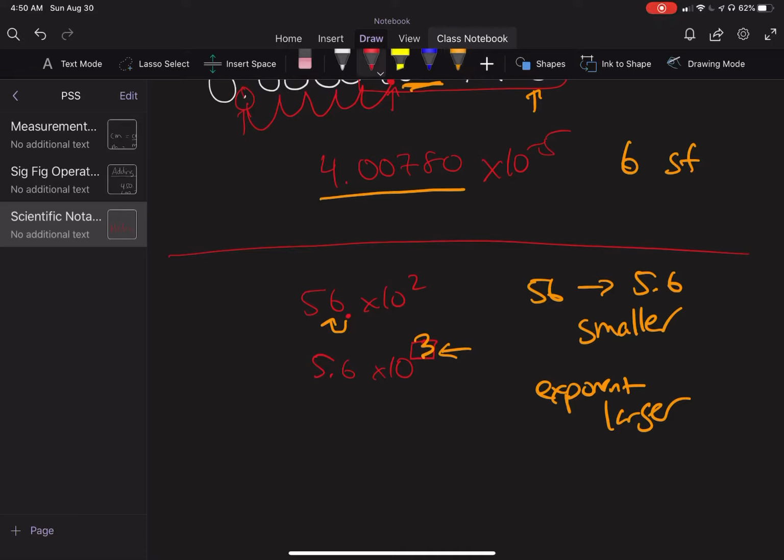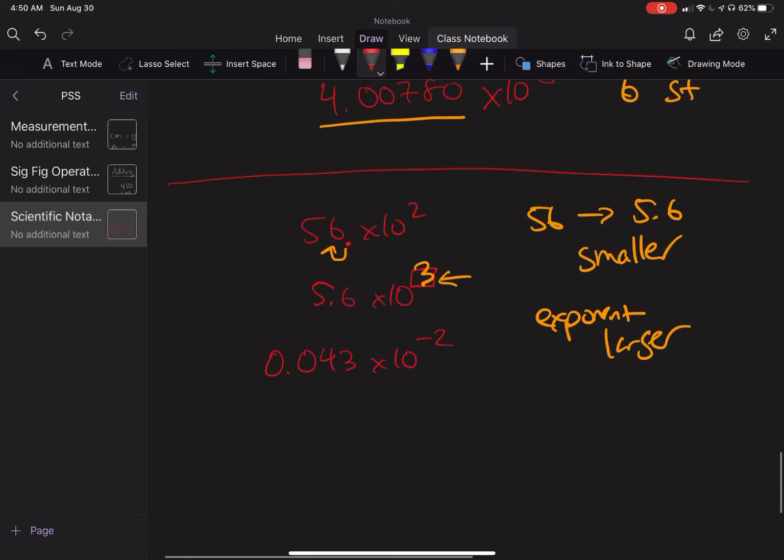I'll do another example. Let's say after doing something on your calculator decides that the final answer is 0.43 times 10 to the negative 2, but you want to put your answer in proper scientific notation, which means you want the decimal point to be here between the 4 and the 3.